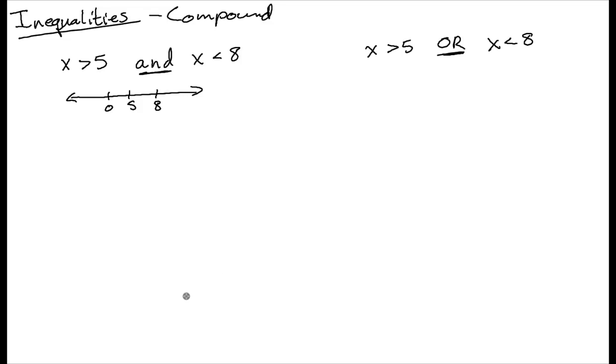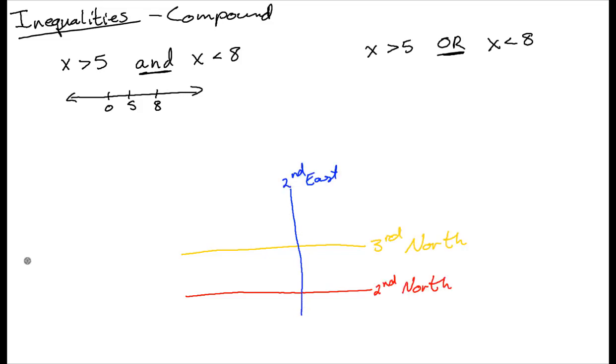I'm going to do, here's a road that looks like, I don't know, 2nd North. Here's another road, and this looks like 3rd North, something like that. And here's one that comes through 2nd East. Let's label that 2nd. I think colors are the best way to explain this. If I look at these two roads and I say, okay, where is 2nd North and 3rd North?